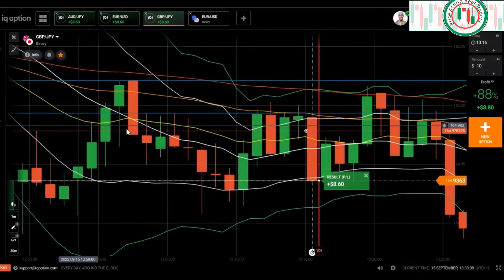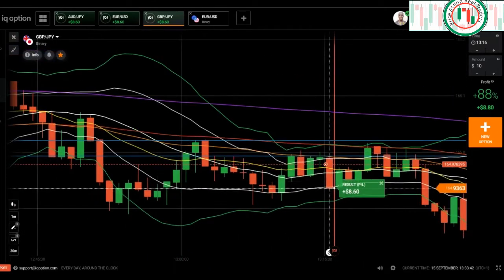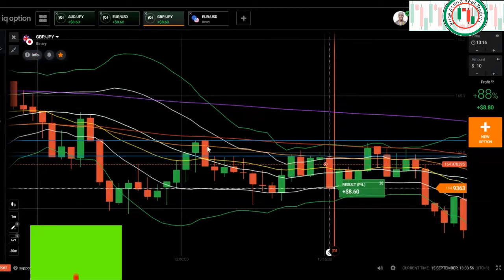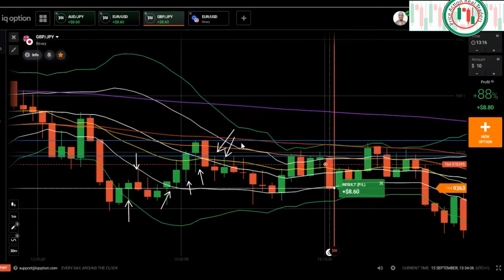So you see here, in this situation, after you identify your EMA, then try to watch the type of market you want to trade. You see here, wick, wick, strong wick, strong wick. All of this can affect you.